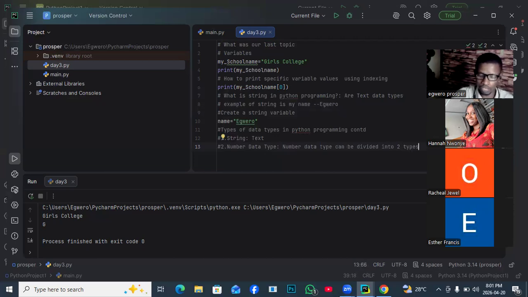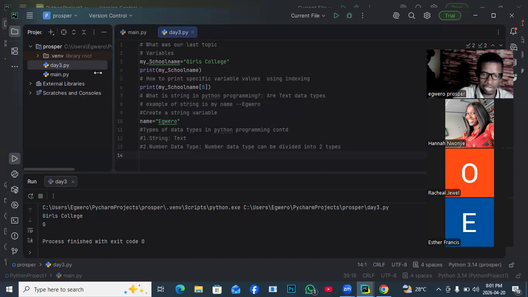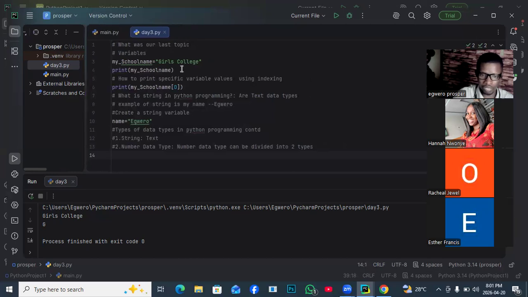Can be divided into what? Two types. And what are the types? Number data type can be divided into two types. What are the types? A, we have what we call integer.